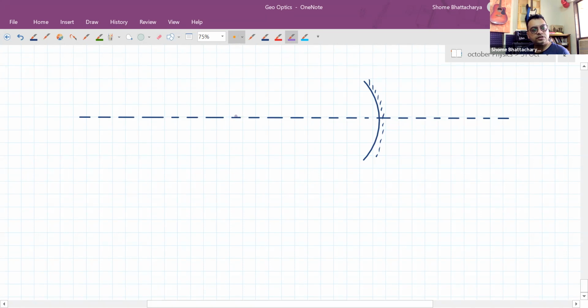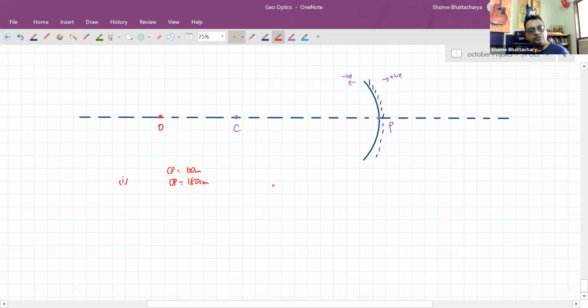So now the center of curvature is, let's say, over here. The pole is here. So anything on this side is negative, anything on this side is positive. So in the first case, when we take the distance OP as 180 centimeters, CP is of course 60 centimeters. So we're keeping the object here.